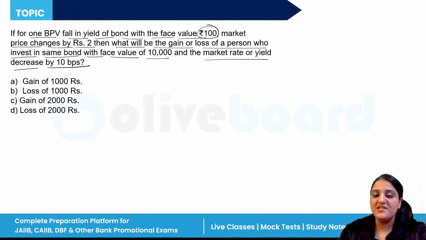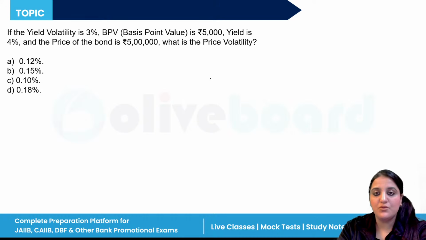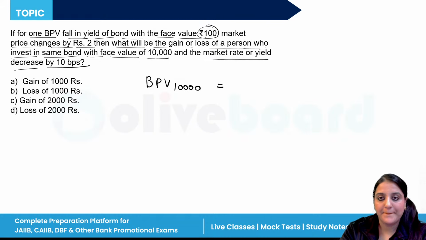So we have to first calculate the basis point value for face value 10,000. So we can say basis point value for 10,000 is equal to how much? That is equal to 2 multiplied by 10,000 by 100.